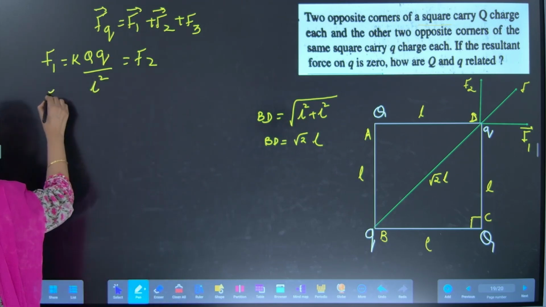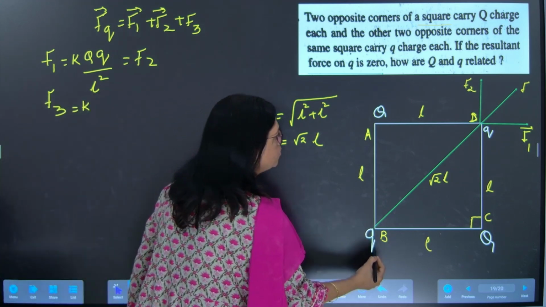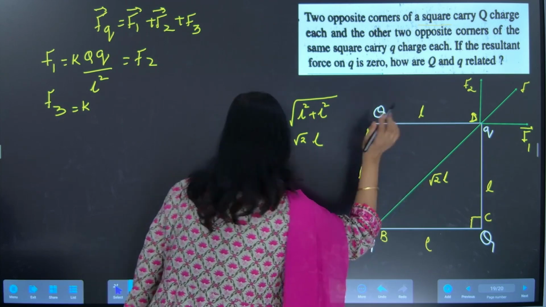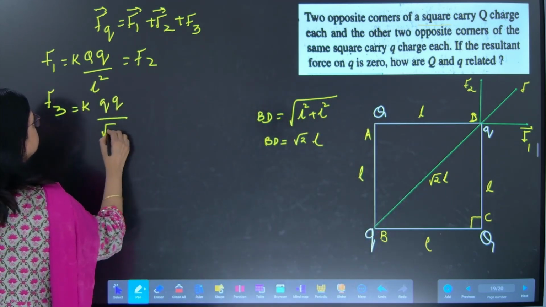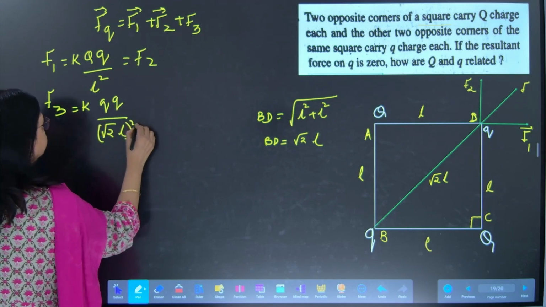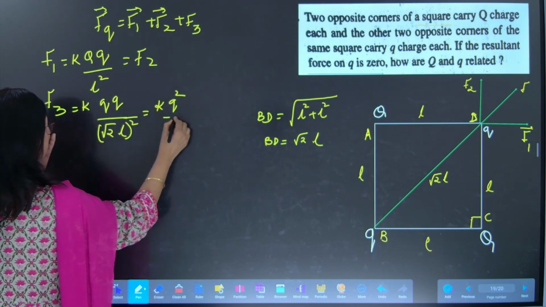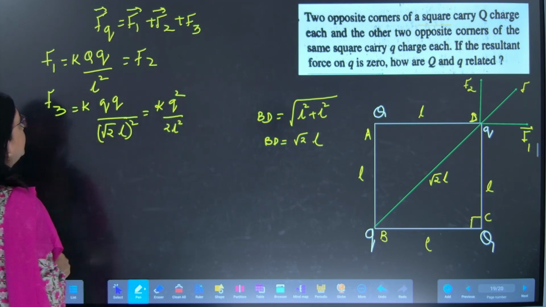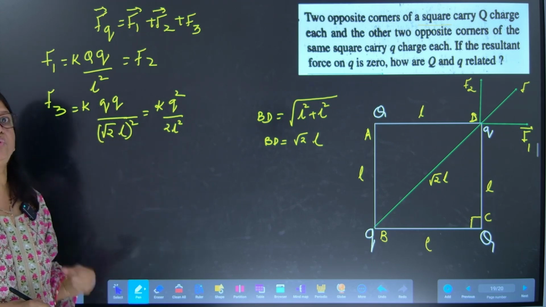Now come to F3. F3 is equal to K, as you can see here, from small q to small q, and the distance between these two charges is root 2 L. So let me write Q upon root 2 L the whole square. So what is my answer? K Q square upon 2 L square. So I am ready with the magnitudes of F1, F2 and F3.